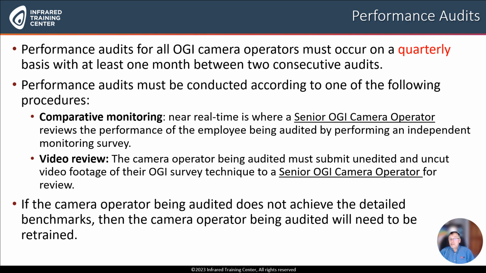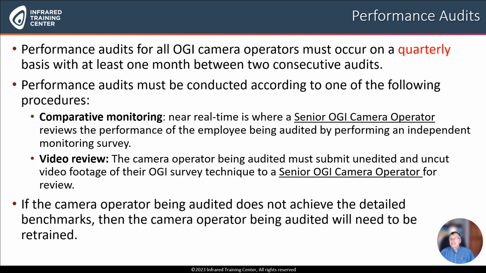Now, performance audits, again, this is a deviation from Quad O-A and the greenhouse gas rule. All camera operators must be audited on a quarterly basis with at least 1 month between 2 consecutive audits. So they're requiring a performance audit for everybody to make sure that you are following all the procedures, okay?